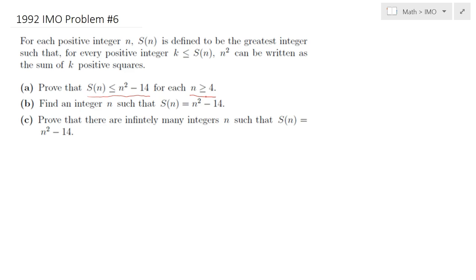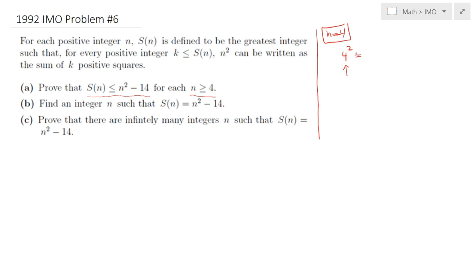So let's start with the smallest of those n's just to make sense of what's going on. Let's consider the case n is equal to 4. Then 4 squared, we can definitely write it by using the sum of one positive square, which is just 4 squared. But 4 squared is 16, and alternatively, this is the most efficient way of writing it.